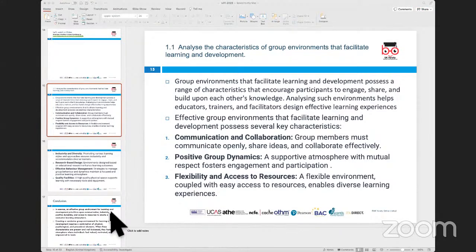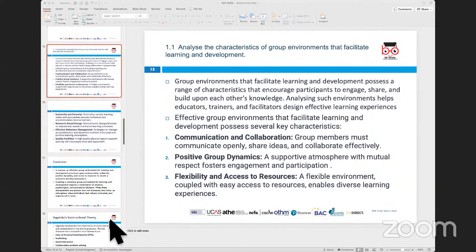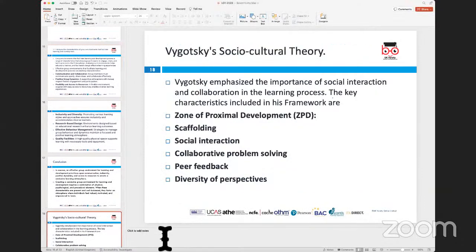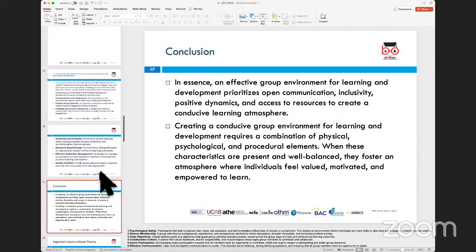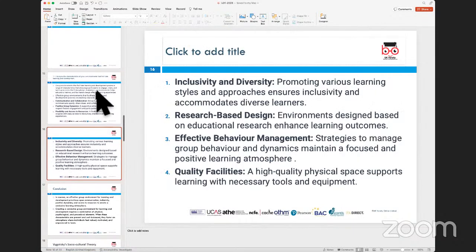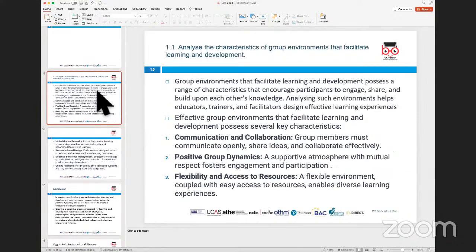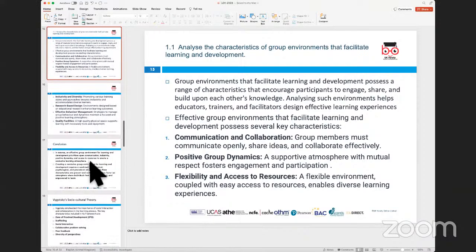So when we look at all these things, that would essentially mean that they are using Vygotsky's sociocultural theory, using the group environment, this particular science project which has been given to them to complete, and this would be facilitating their learning and development.